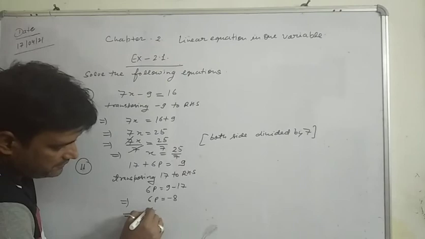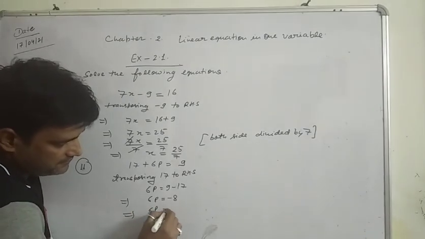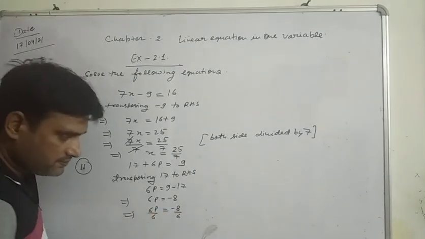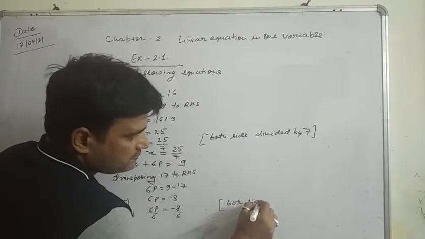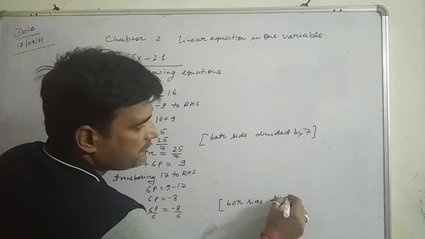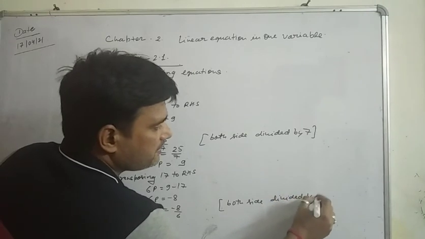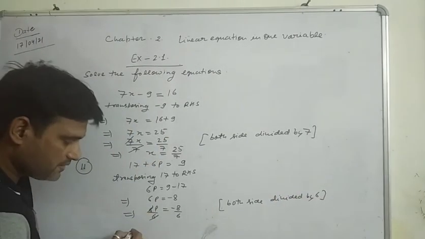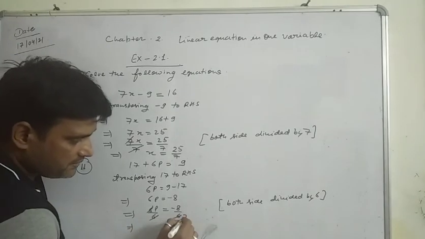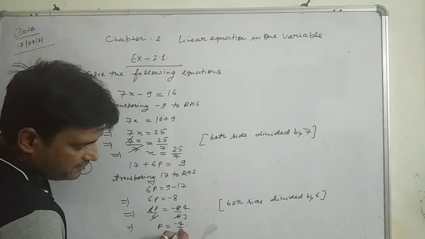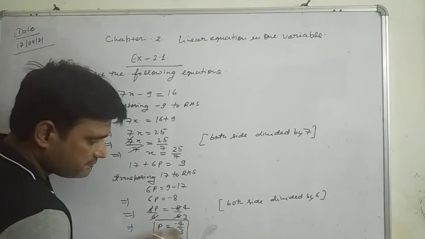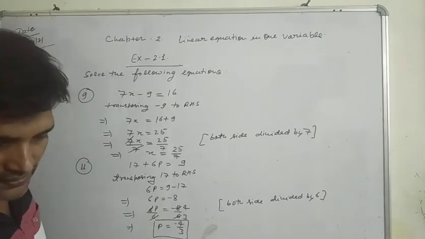Now both sides divided by 6. 6 cancels over 6. 2 threes are 6, 2 fours are 8. Now p = -4/3. Understand? Thank you, student.